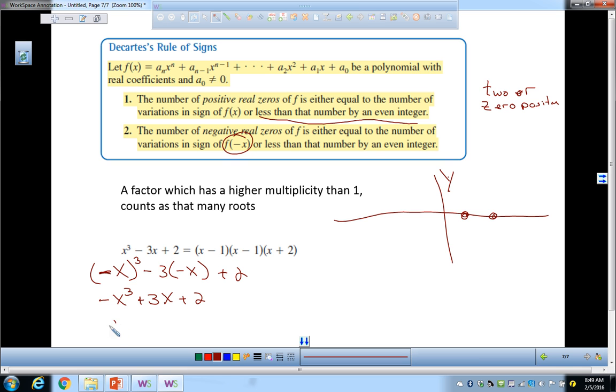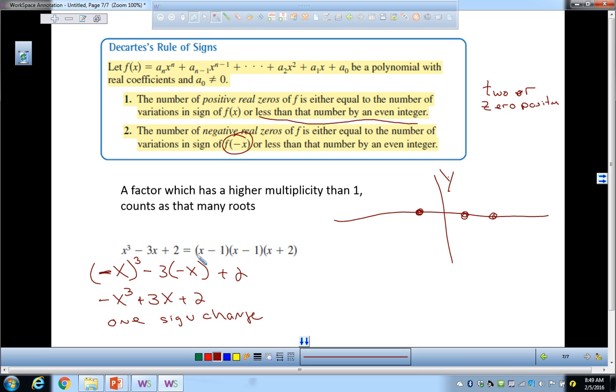So there's 1 sign change, which means that on the left side of the y-axis, I can have at most 1 zero. It changes sign from negative to positive, then stays positive, so the sign doesn't change again.